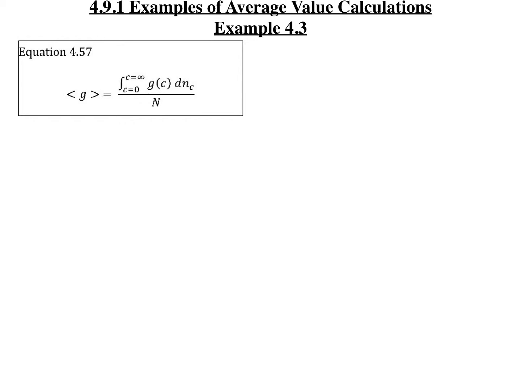The next example, 4.3, simply illustrates how to use the distribution functions. The distribution function, which towards the end of this module you will learn, is: g average, that is your function, equals the integral from c0 to c infinity of g(c) dn(c) over n.